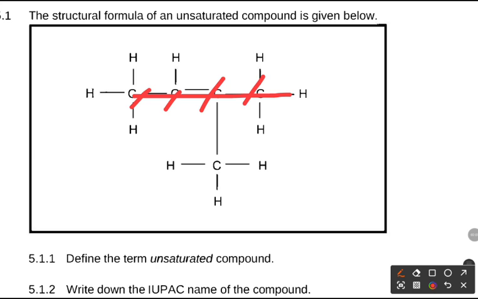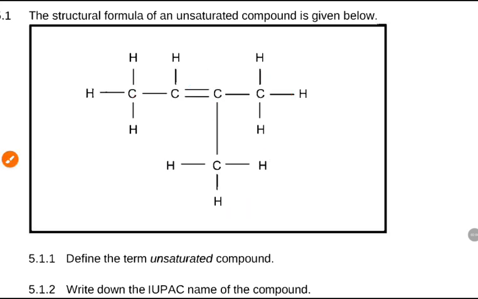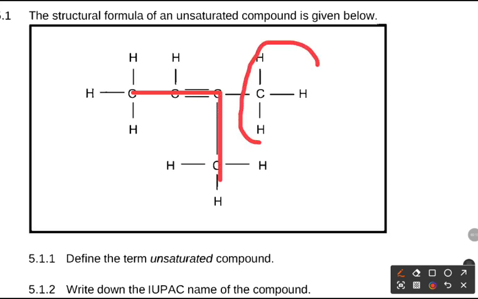It will still be the same because you have a branch at number 3. Even if you turn like that, you will still have a branch at carbon number 3, so it won't make any difference.